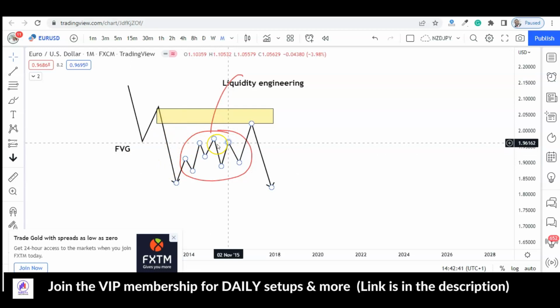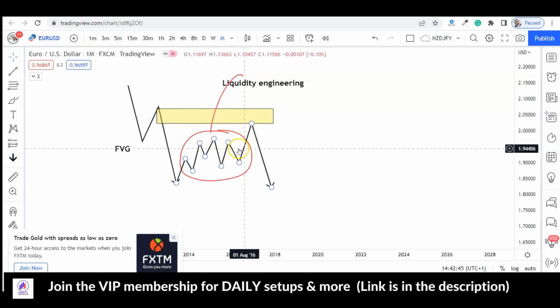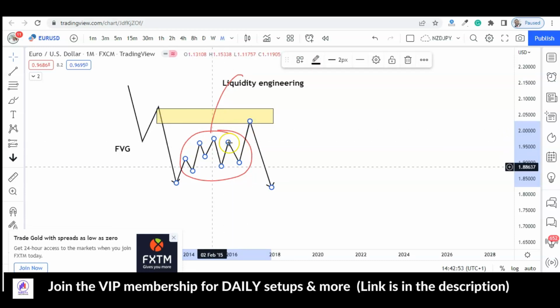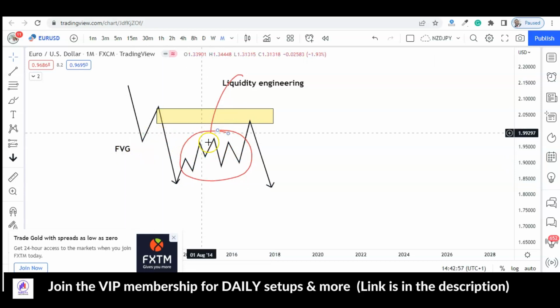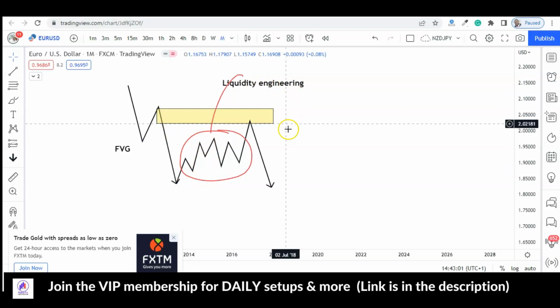Unless I see liquidity that has been taken down, some kind of liquidity sweep without full mitigation, and I will still go ahead and enter the trade, because I've back tested most of these things for over a year now. So FVG, when you see FVG, think of what? Liquidity engineering.